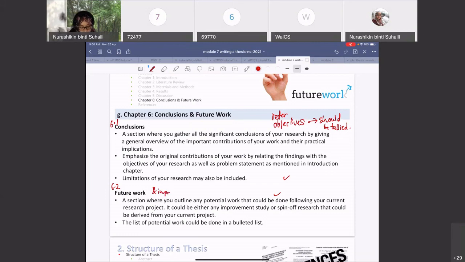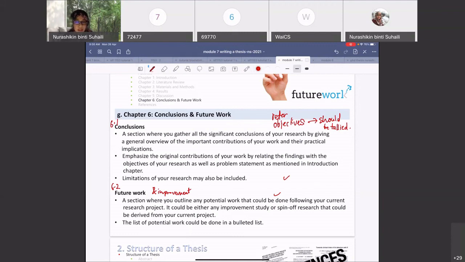Let's say in your work, the results might not be that good, but you don't have time to do it again. So you can say that the improvement that should be done in future work is to use certain methods. It's just about suggestion. You don't have to worry about whether or not it's going to be 100% correct.